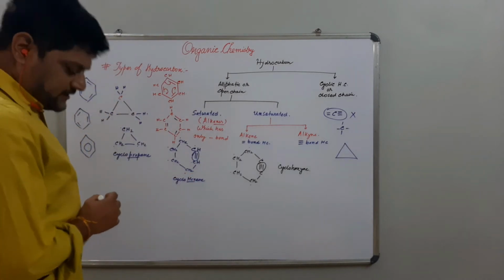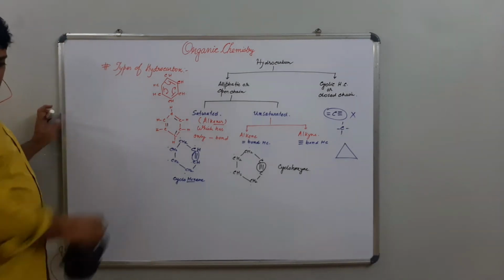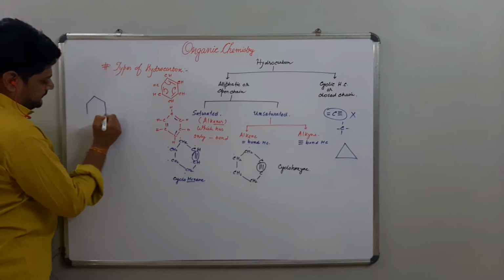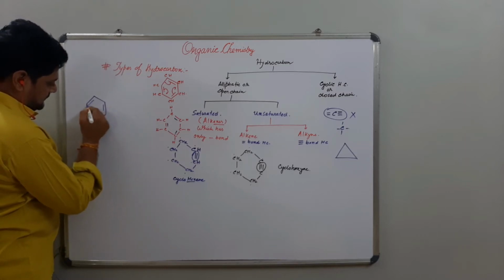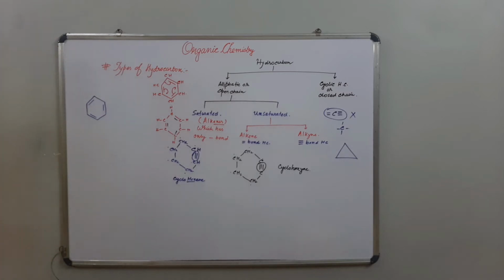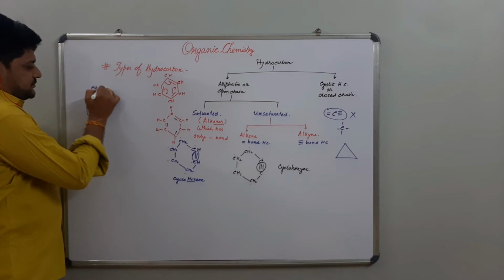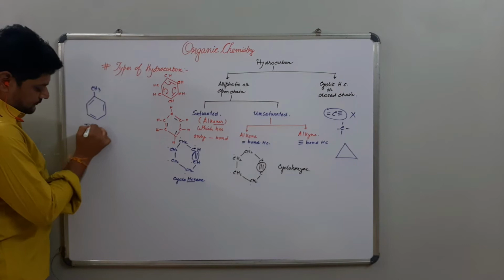So what is the structure of toluene? The structure of toluene is a benzene ring. You can draw a benzene ring like this. Now you can add one CH3 over here, then it is called toluene.